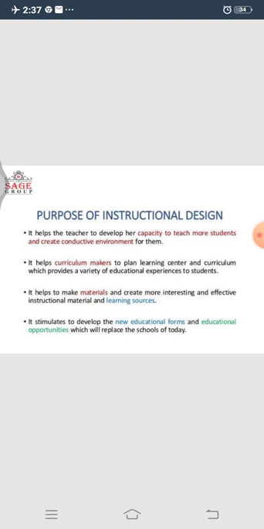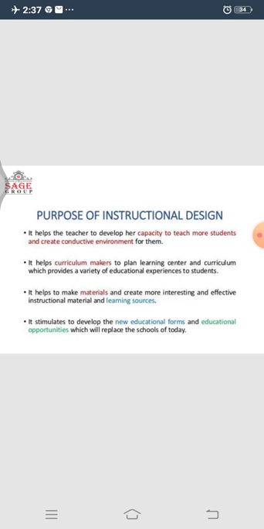So the people working in the organization are not at the same level of understanding, because a few people were given more stress on CRM, others more stress on the software, and a few others more stress on communication skills. So there is no standardized way, and no equal skills possessed by all, so it is very dicey. So it helps to make materials and create more interesting and effective instructional materials and learning sources.